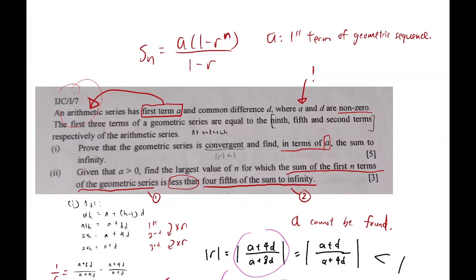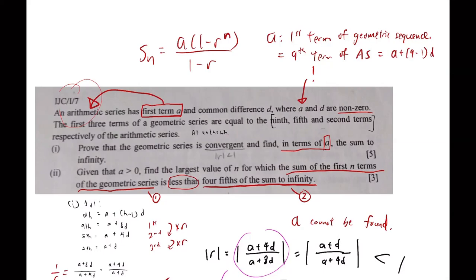So who is the first term in the geometric series the same as? The ninth term of the arithmetic series. So A equals the ninth term of the arithmetic series, which is A plus 9 minus 1 times D, right?